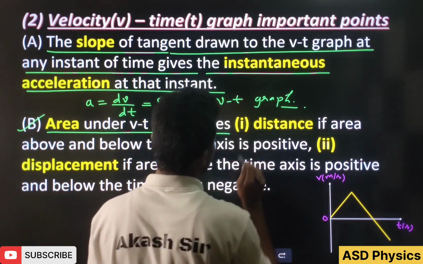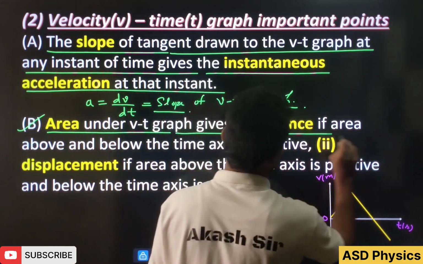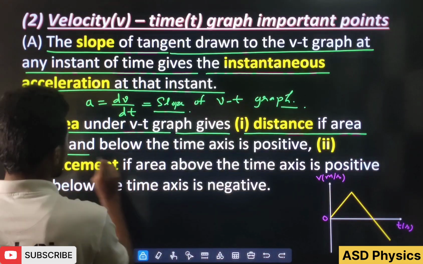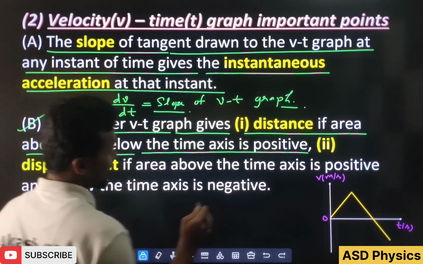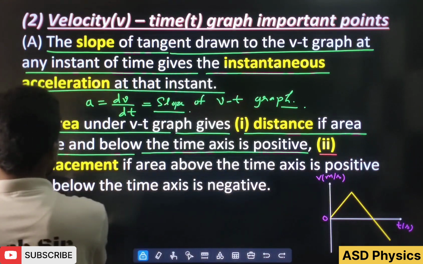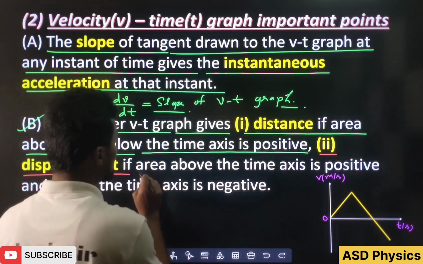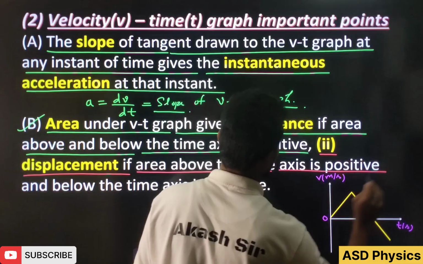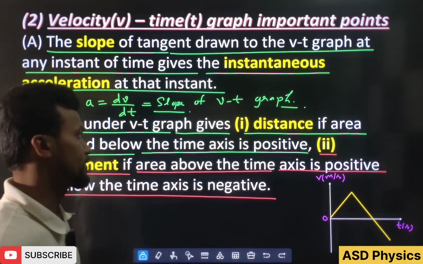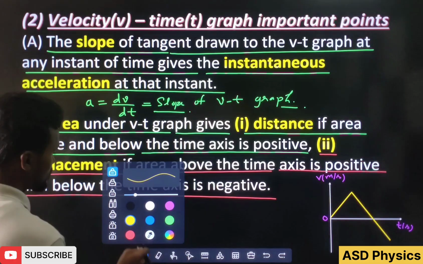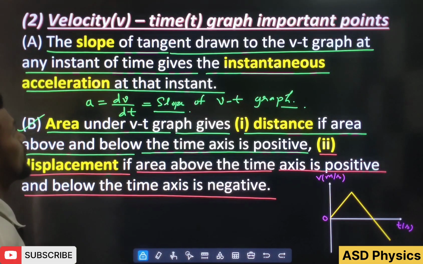Area under the VT graph gives, first, distance if the area above and below the time axis is taken positive. And second, we can even get the displacement if the area above the time axis is positive and below the time axis is negative. Remember that here, as we know, a = dv/dt.